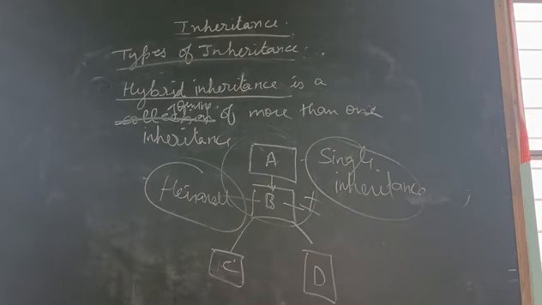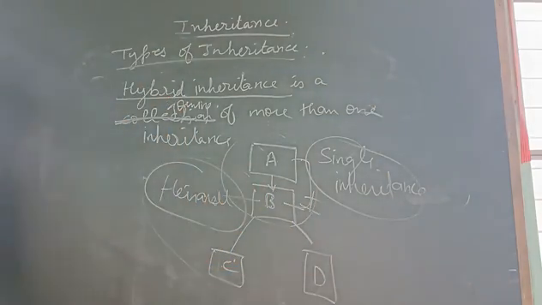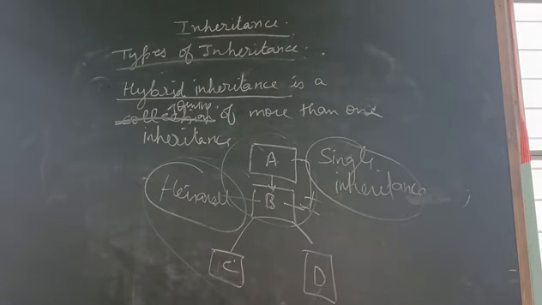And when one base class is used for two derived classes, that is called hierarchical. And hybrid is the combination of more than one inheritance. Here we took the example of single inheritance and hierarchical inheritance, and both combined together form hybrid inheritance. So this is inheritance and its types.